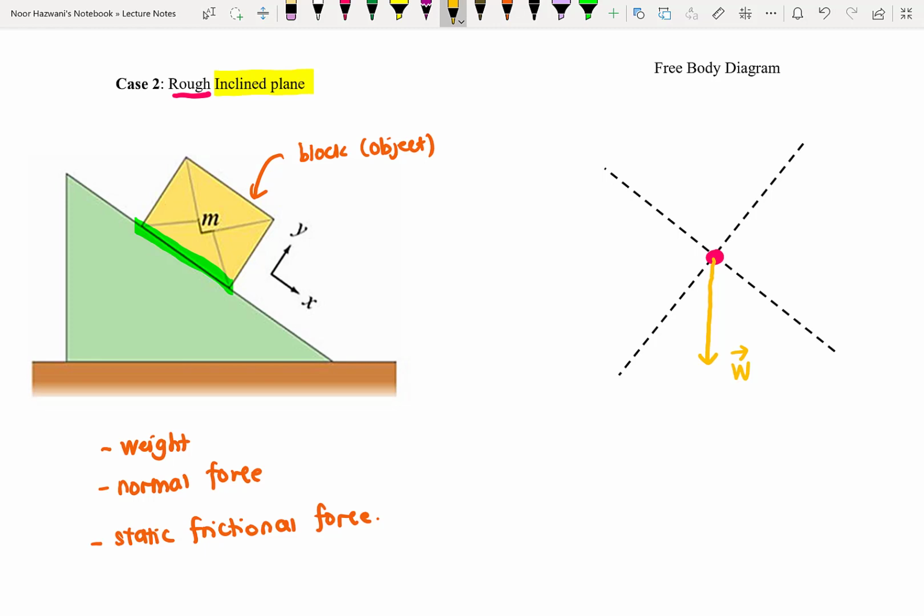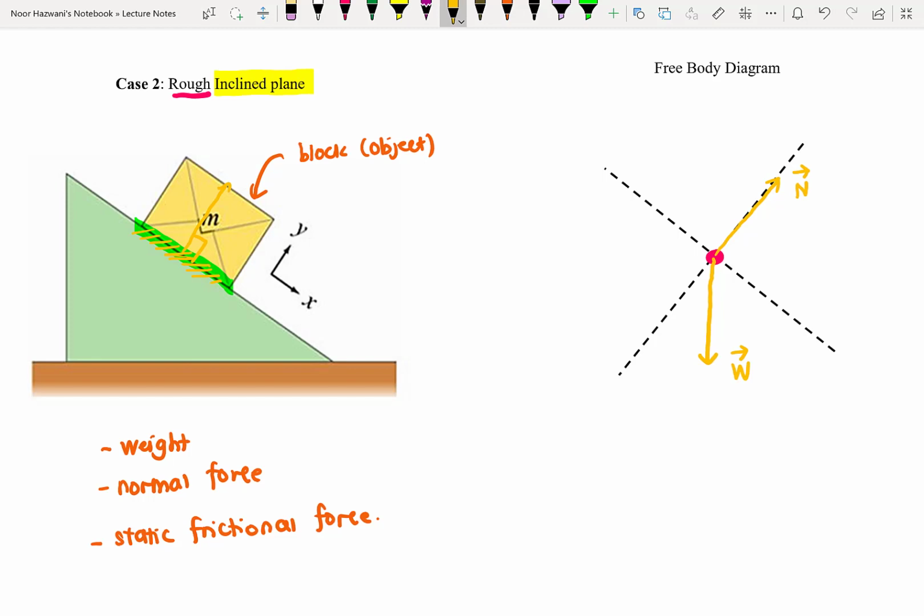Since this is the surface, to draw normal force, it must be 90 degrees, perpendicular to the surface. So just copy your arrow here. So actually, your normal is aligned along the y-axis.